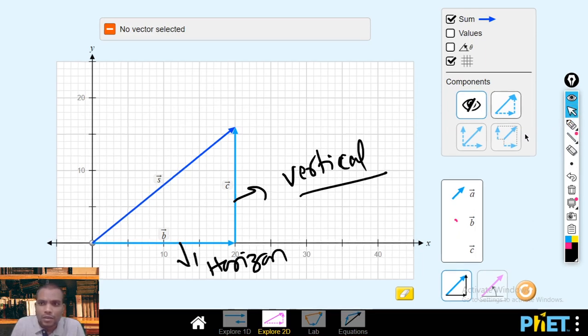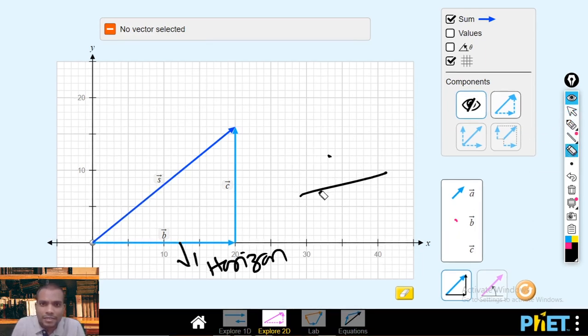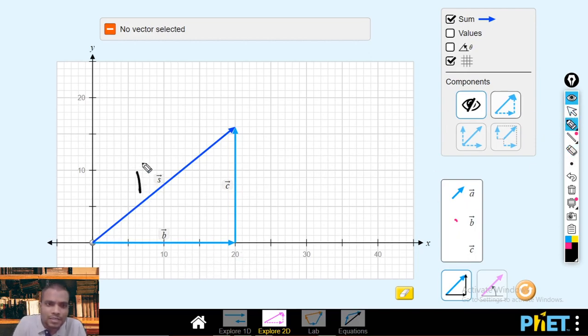If the given vector is a vector, for a moment I am considering this as a vector. Now this is resolved into two components. This I can call ax, the horizontal component, and this we call ay, the vertical component.